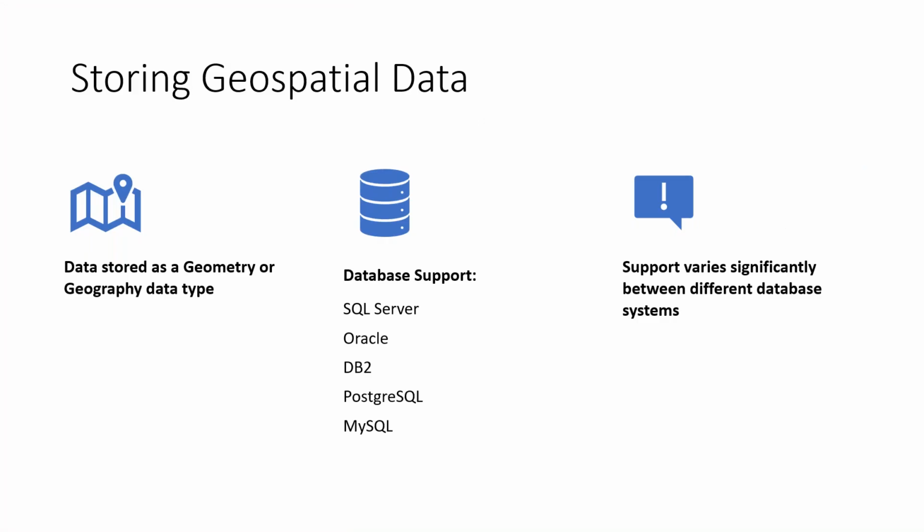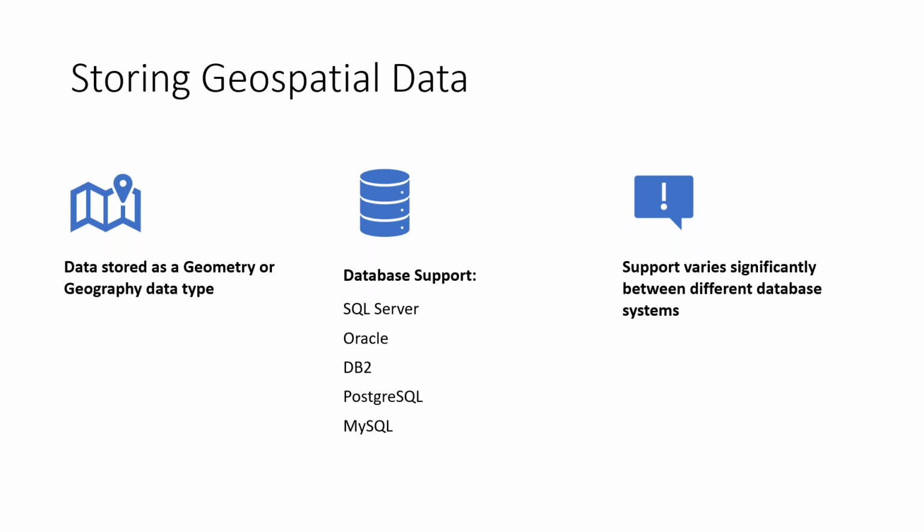There are several databases that support this, and the data is either stored as a geography data type if it's available, or geometry, geometry being a little more abstract. It can store data in other coordinate systems. Specifically with Alpha Anywhere, we only look at storing and querying geospatial data. In terms of support, SQL Server supports it, as well as Oracle, DB2, PostgreSQL, and MySQL.